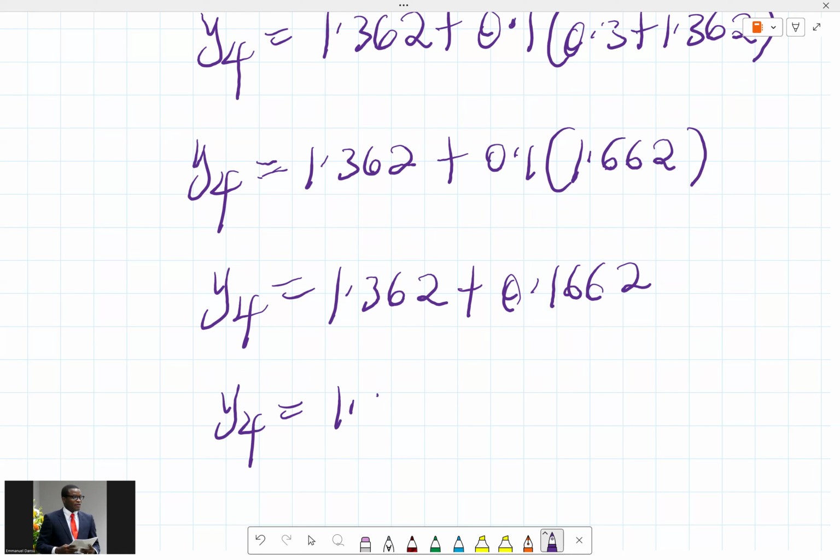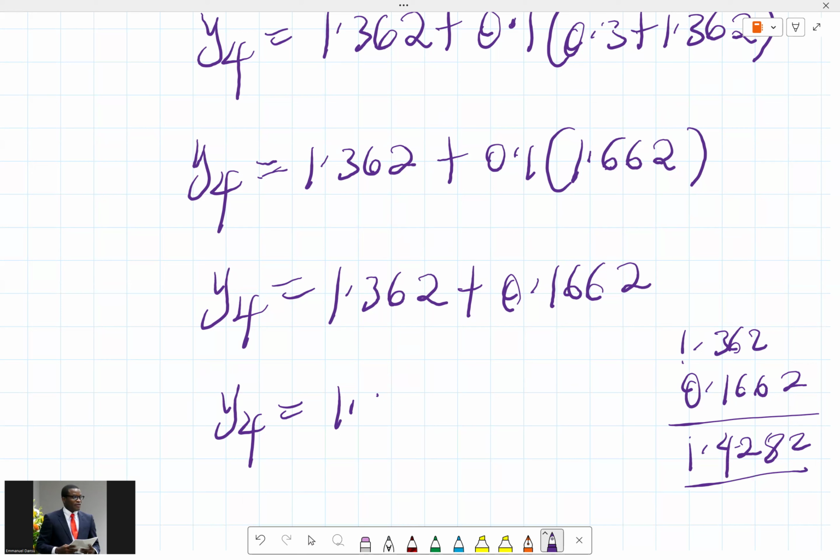Okay, we have to be careful here. We can set it up: 1.362 plus 0.1662. So that's 1.4282? It should be 5, right?